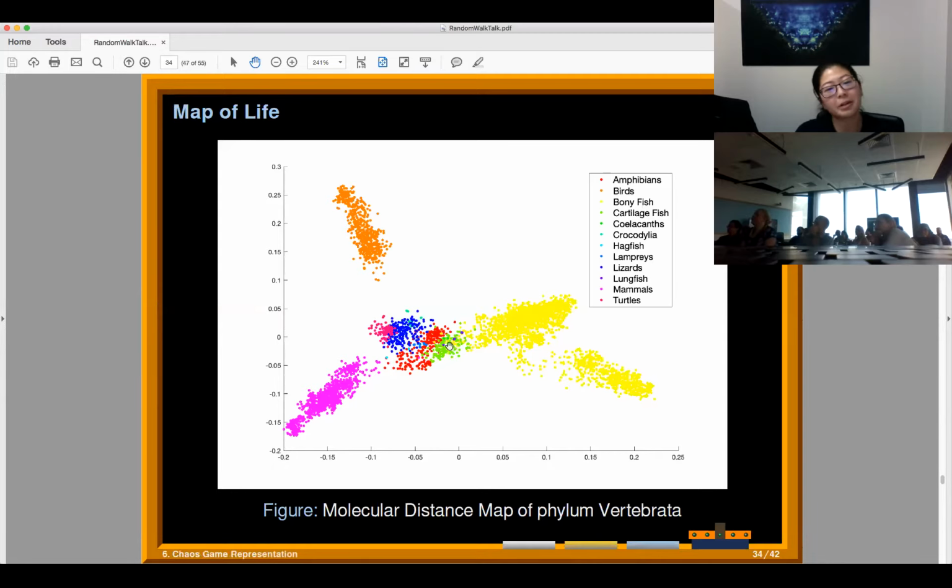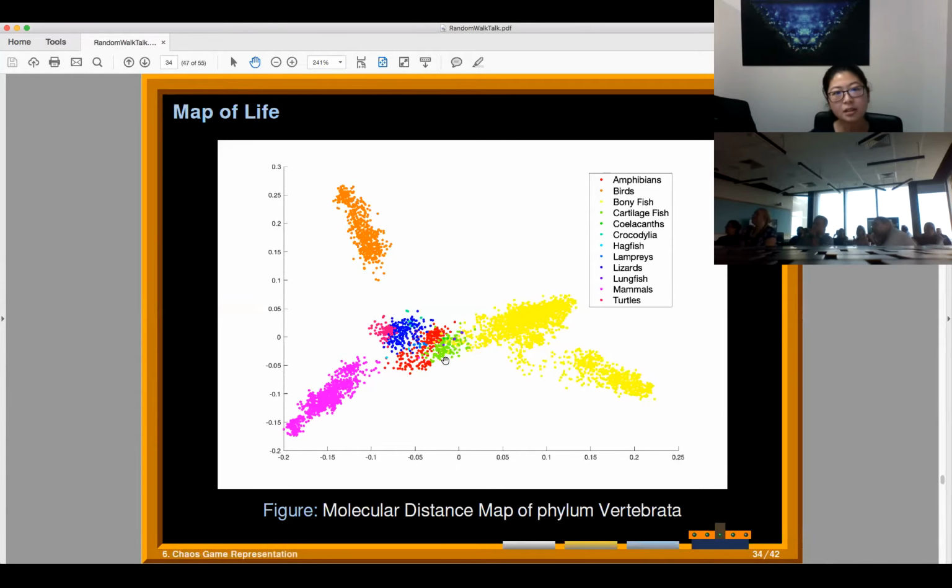And look at where it's placed. Yellow represents bony fish, green represents cartilage fish, and red represents amphibians. So we can see that the lungfish is somewhere in between amphibians and bony fish, which kind of makes sense to us intuitively because it's some sort of hybrid, I'm guessing.